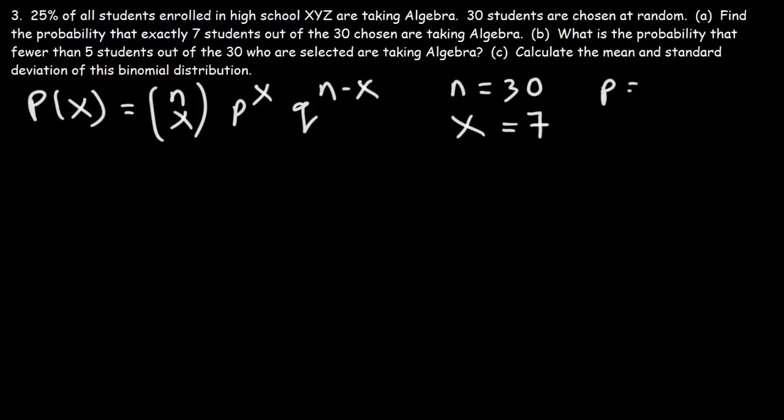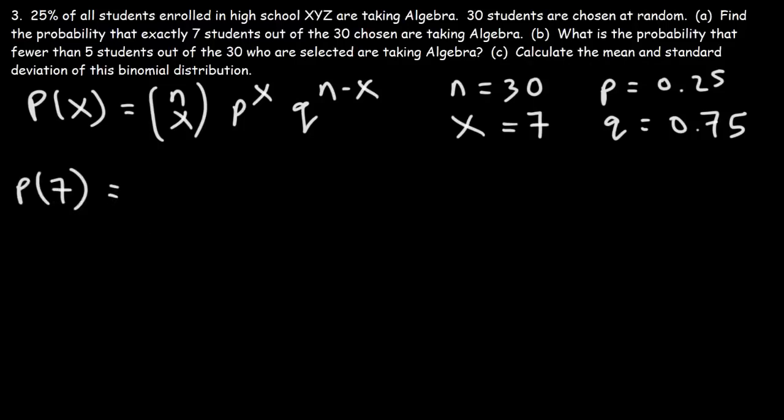P is the probability of selecting a student who is taking algebra, and that's going to be 25% or 0.25. The probability of selecting a student who is not taking algebra, that's going to be Q, which is 1 minus P, which is 1 minus 0.25, and that's 0.75. So now we have everything that we need to answer part A.